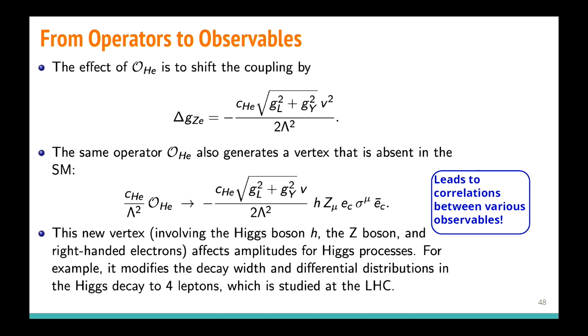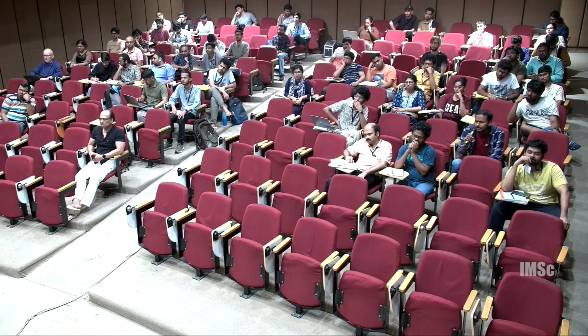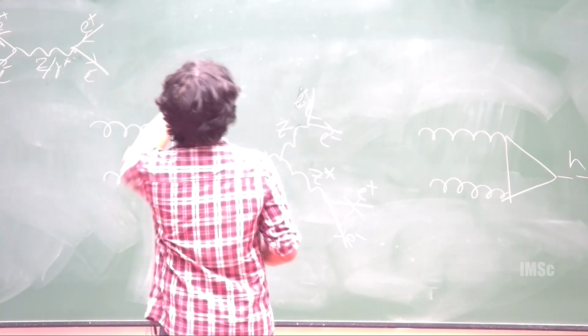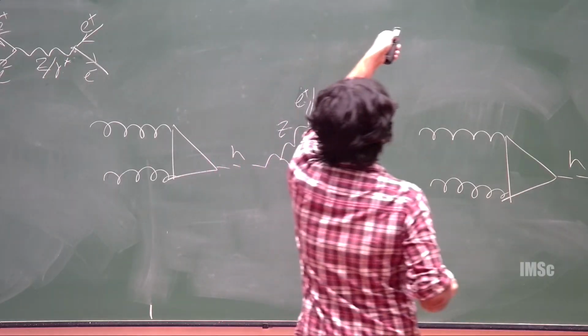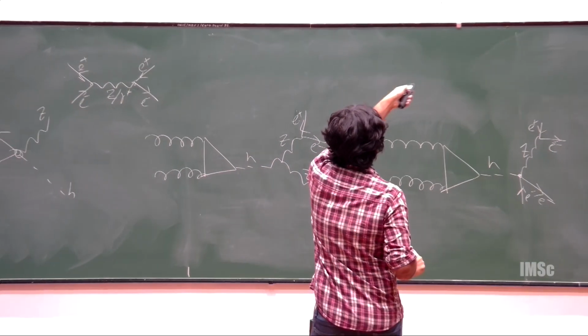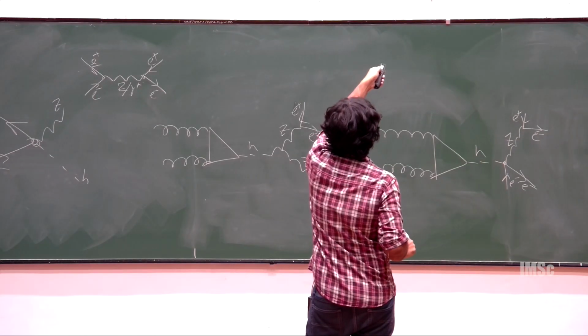What I meant was this one. E plus E minus going to Z or gamma star going to E plus E minus, that is what I said I can probe at LEP. ZEE, because remember here the same operator also couples ZEE and not just HZEE. So this is where I talked about the LEP collider.